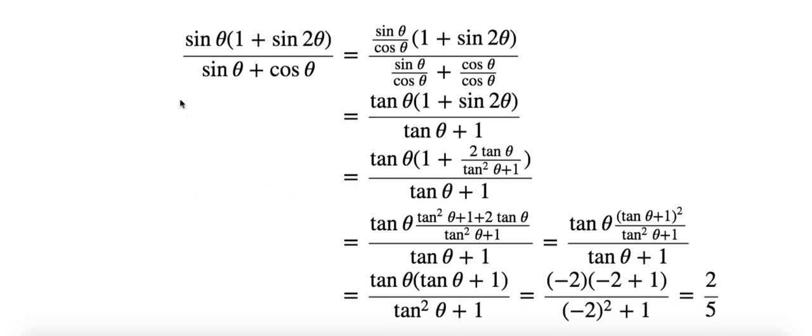In our second solution, let's apply the definition of tangent and the second double angle formula for sine to reach an expression only in terms of the tangent of theta.